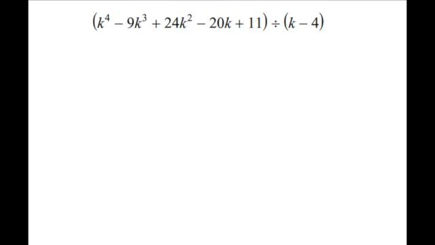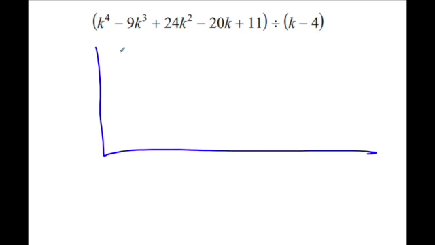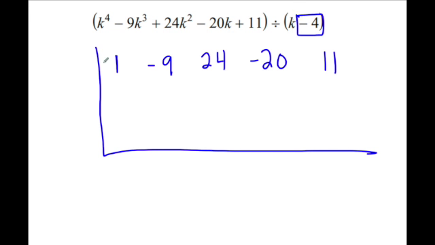Let's take a look. So again, I'm going to draw my box. Okay, 1k to the 4th minus 9k cubed, 27k squared minus 20k, and 11. This is a negative 4, so I'm going to write what outside? Positive 4.